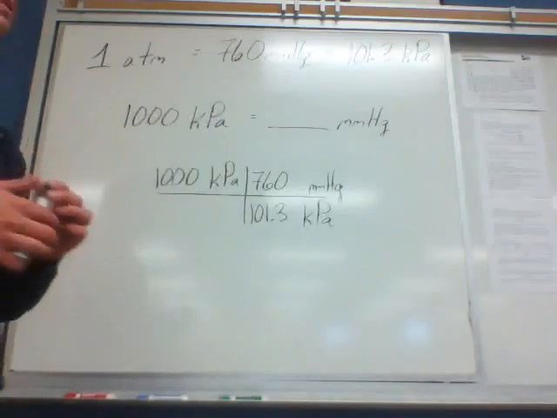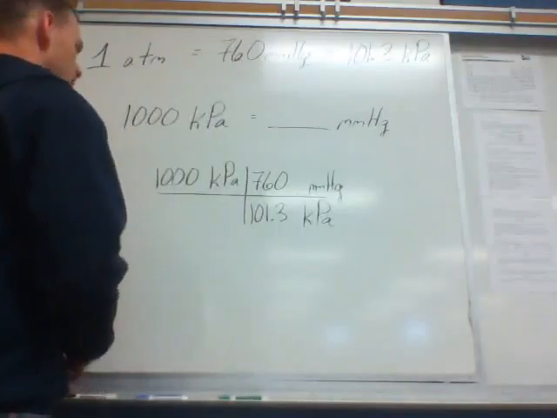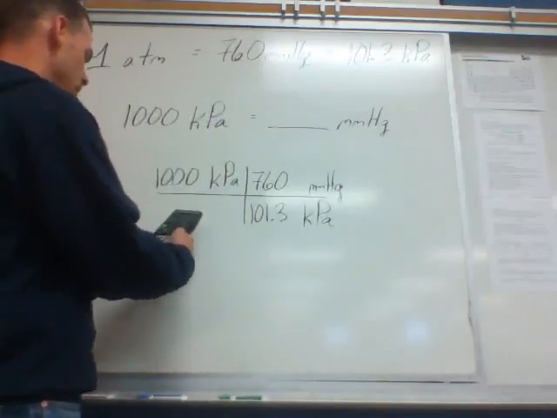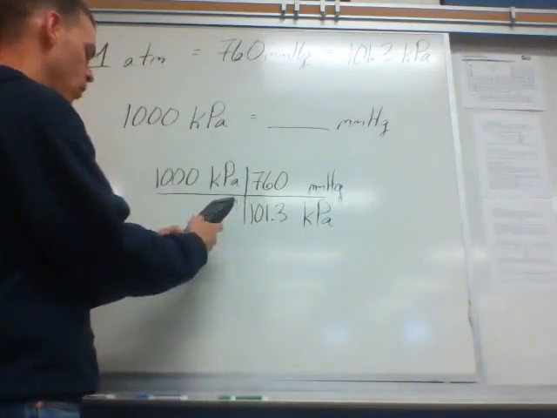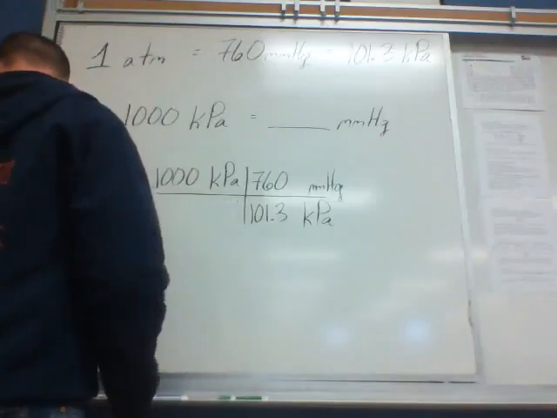Multiply across the top, divide by the bottom. 1,000 times 760 divided by 101.3.